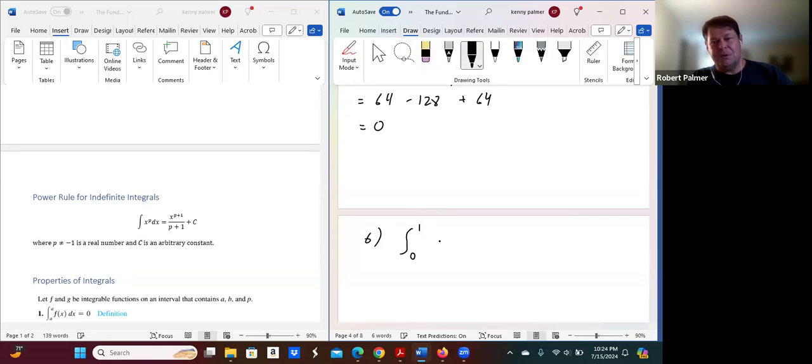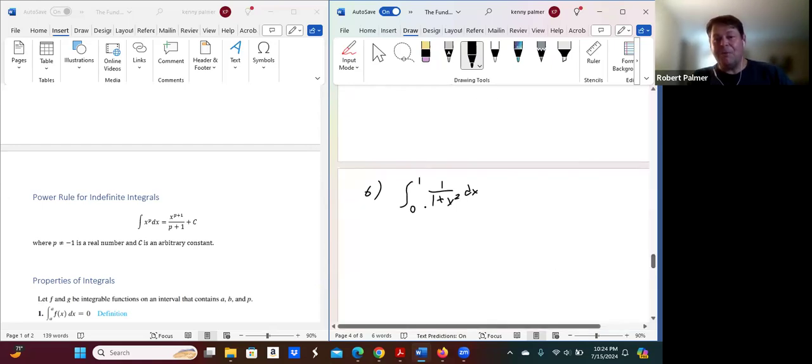Make it simple. 0 to 1 of 1 over 1 plus x squared dx. So what you want to do anytime you see these, especially something a little different, is start thinking about the derivatives you've seen, and we're thinking about going backwards. This is one you may have done many times. Hopefully, if you remember, this is one of your inverse trigonometric function derivatives.